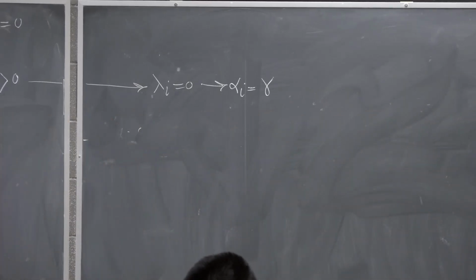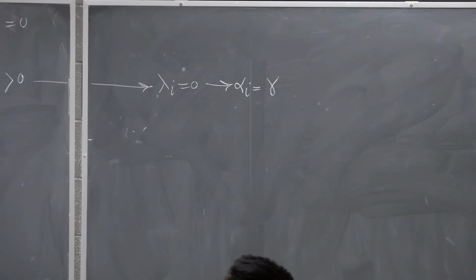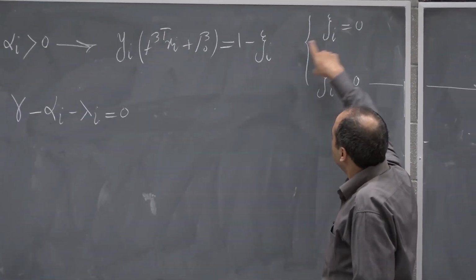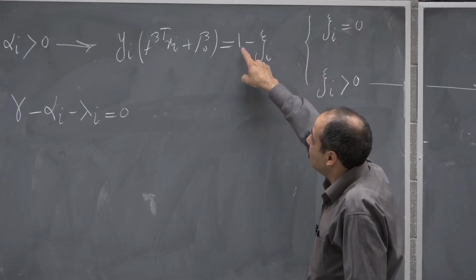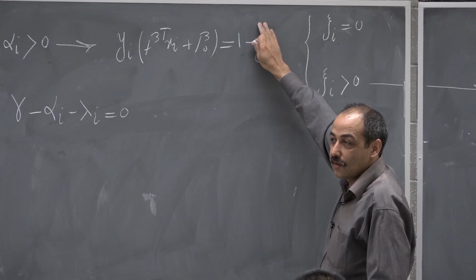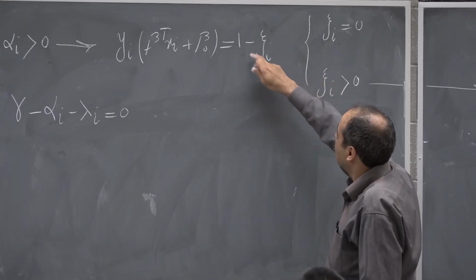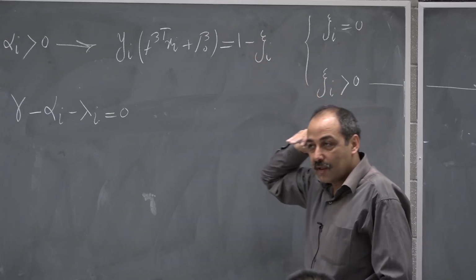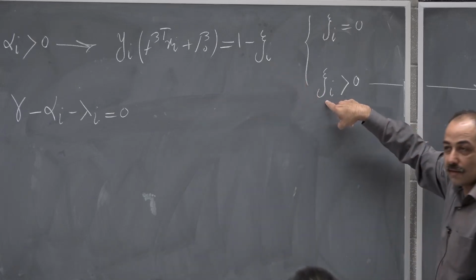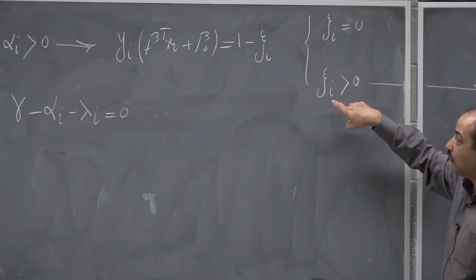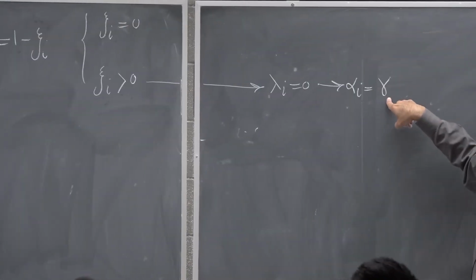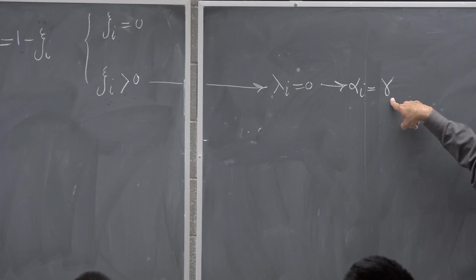So in the case that alpha I is greater than 0, there are two possibilities. One possibility is that this point is right on the margin, where zeta is 0. The other possibility is that this point violates the margin, crosses the margin and goes inside, when zeta is greater than 0. But if zeta is greater than 0, it means that alpha I is equal to gamma.